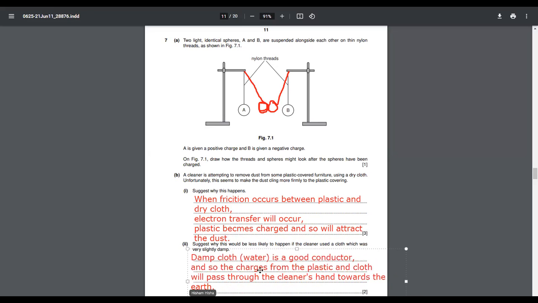So the charges from the plastic and the piece of cloth will pass through the cleaner's hands toward the earth. Why? Because the body of the cleaner acted as an earth wire, so it will keep the balance of the charges, so the plastic will not attract the dust anymore.